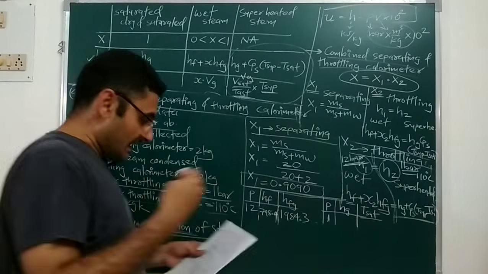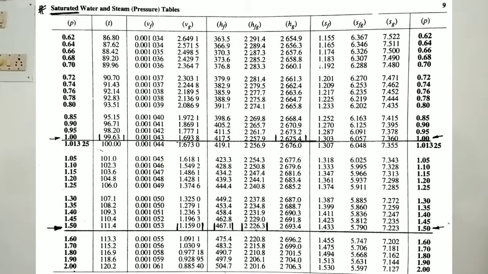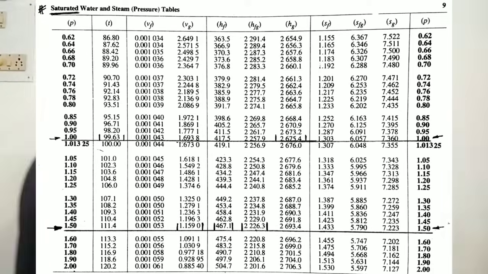If not, I will display another steam table. In front of 1 bar pressure, the saturated temperature is 99.63, and the value of Hg is 2675.4. Now I hope you have seen the values. Now I am going to remove it. 3, 2, 1. Now come on the board.